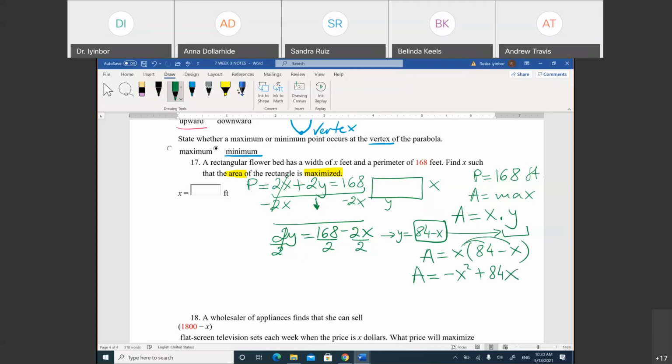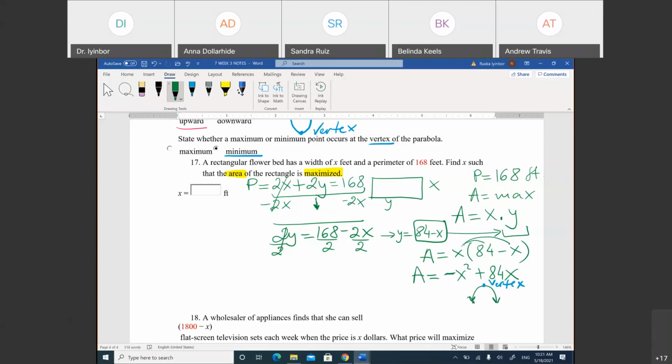Looking at this, in front of the square is negative, right? That means the parabola is going to open down like this. So where's the maximum? It's at the vertex, right? So what you need to do is take this area formula and find the vertex.